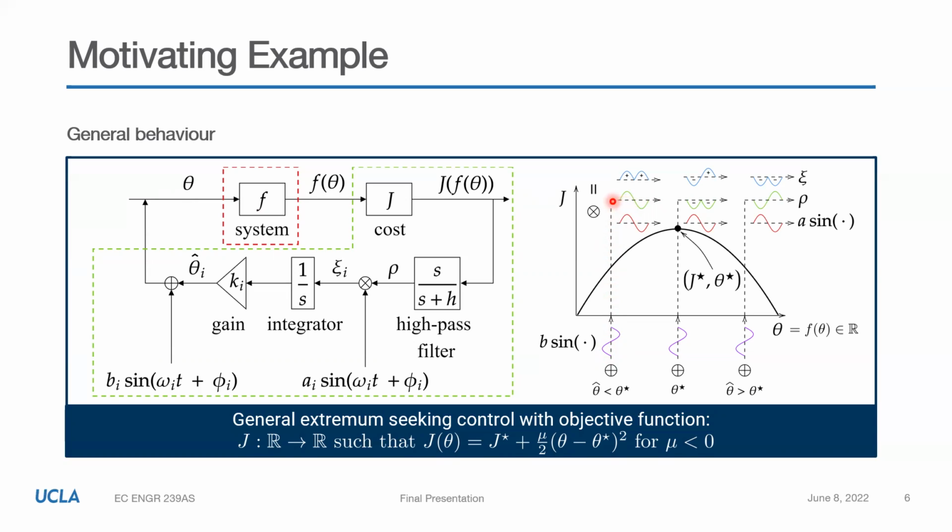Note that for this particular example, and for most extremum seeking control schemes with no to minimal noise, rho, the green signal, and A sign, the red signal, remain in phase for phi 0. So having passed a sinusoidal perturbation, the purple signal, we add it to our estimate that gets passed through the system. It gets evaluated at J, which produces a sinusoidal output.